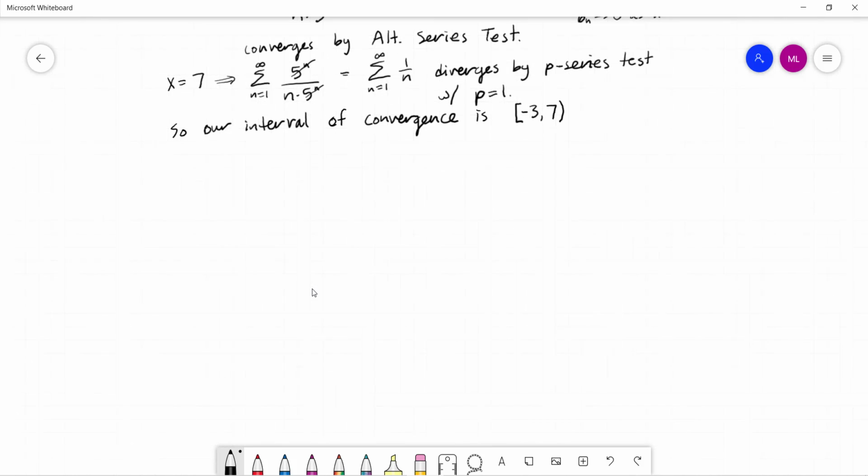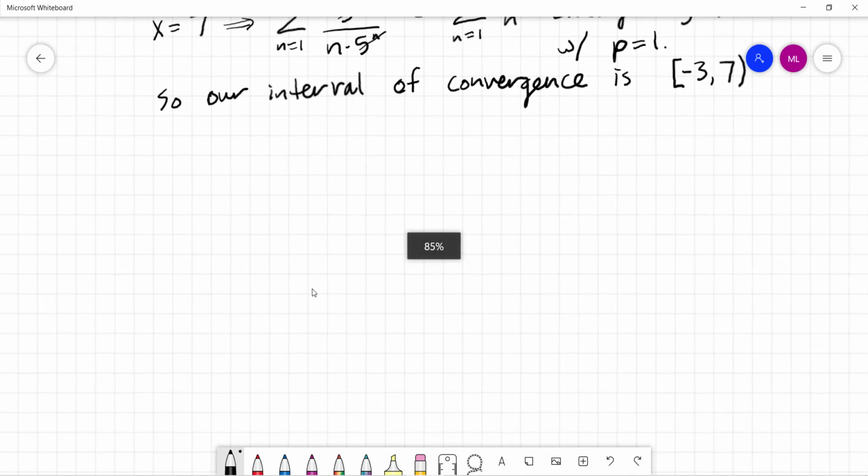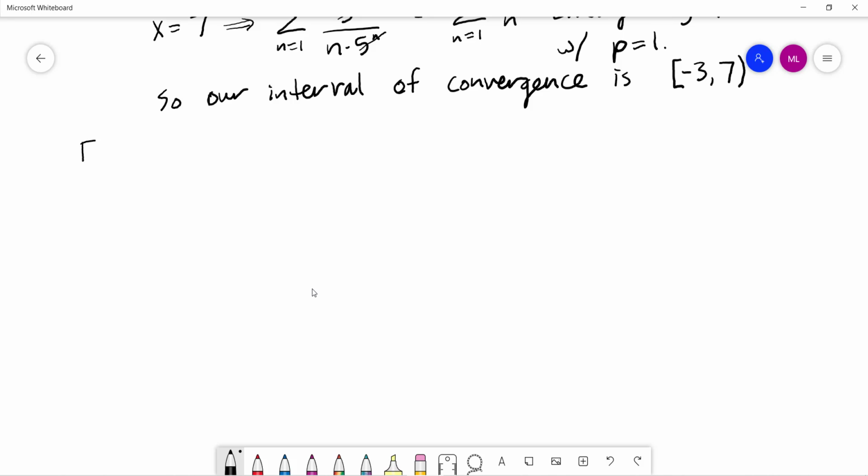Okay, let's do one more example. And this example is going to be, in a lot of ways, kind of the most important example. It's different from the stuff that we've been looking at, but it gets at the heart of why we care about these power series anyways.